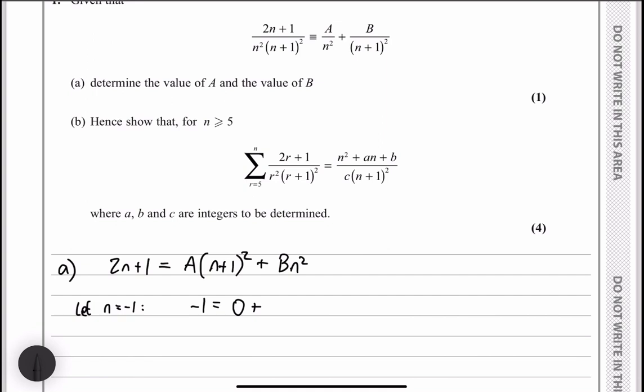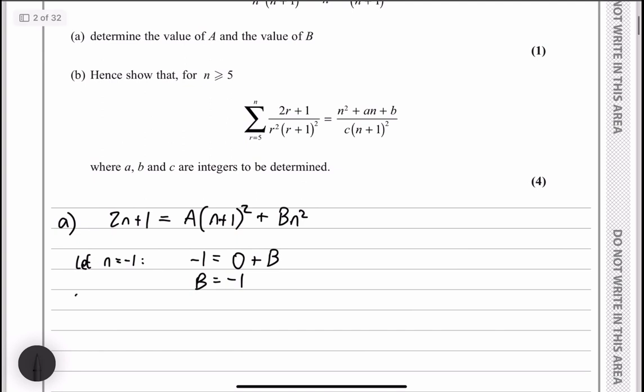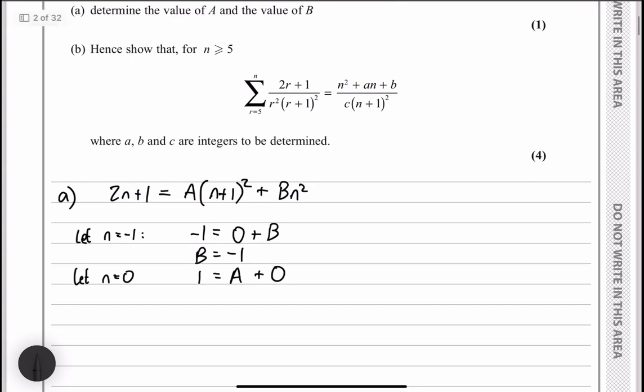And then -1 squared is a 1, so B is equal to -1. Then I let n equal 0 so that the B term becomes 0. On the left hand side we get 1, and we get 1 squared, so that's just A, and 0 here, so A is equal to 1.